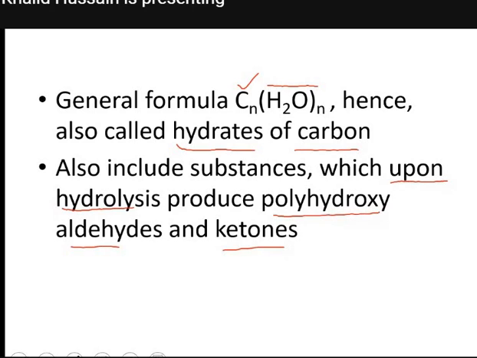Directly polyhydroxyaldehydes and ketones are called carbohydrates, and those compounds which upon hydrolysis produce polyhydroxyaldehydes and ketones are also included in the carbohydrates.